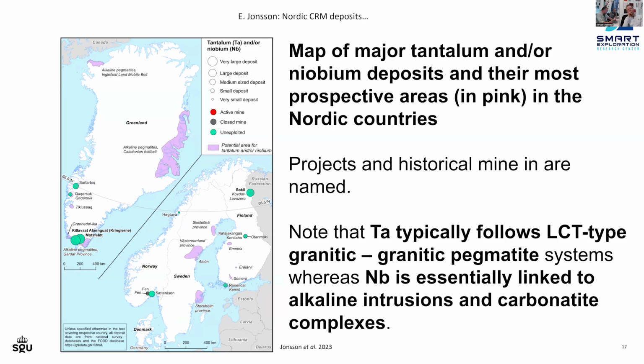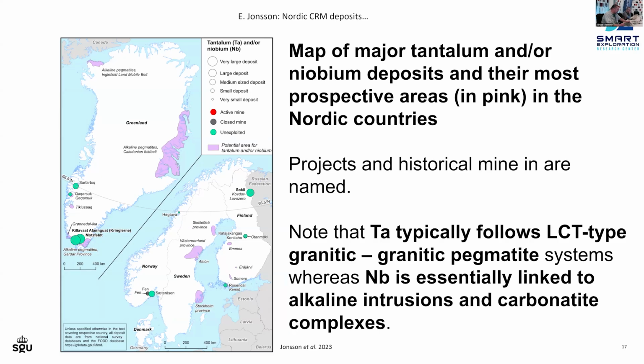When it comes to the Fennoscandian, the main two interesting deposits, I would say, or mineralizations for niobium would be the Fen complex in the Oslo Rift in southern Norway, where it's actually the only past historic niobium mining taking place in the Fennoscandian and in the Nordic countries altogether.